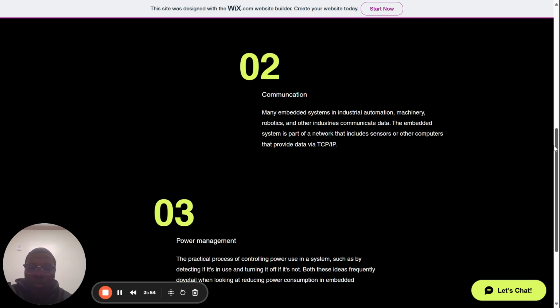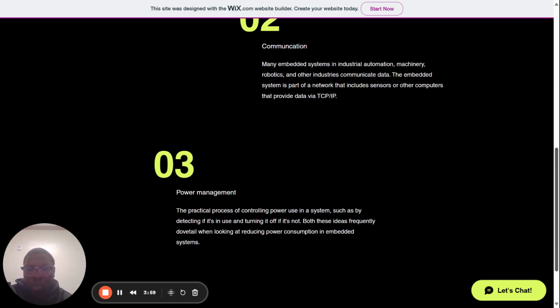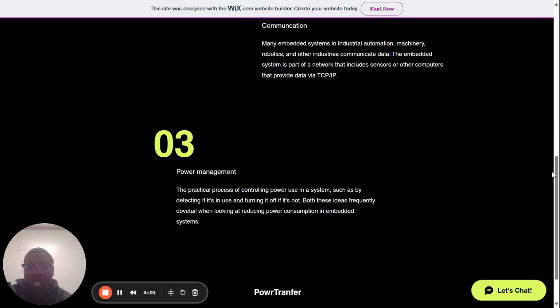The last one for the embedded system is power management. What this does is give my system a controlled amount of power to operate. Otherwise, if it is given full power, it will either not work anymore, or it will completely power down and drain the whole power itself.